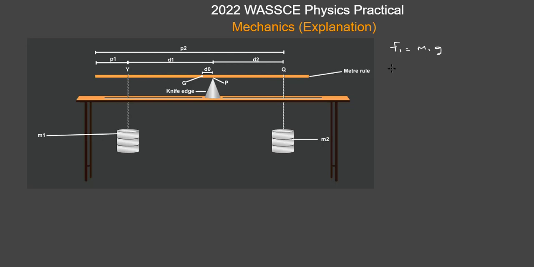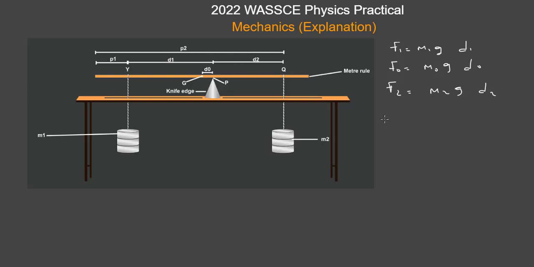We have F naught, which is the force acting on the meter rule through the center of mass, which is m naught. M naught is the mass of the meter rule that we don't know, times g. Then we have F2, which is m2 times g. So the distances are d1, d naught, and d2. So what's the anticlockwise moment?